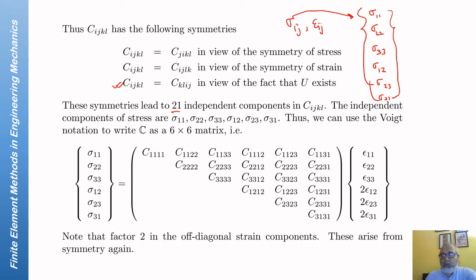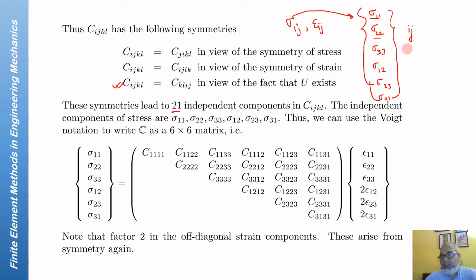Now, one way that is used in finite elements quite extensively is to convert this tensorial stress into a stress vector in what is known as the Voigt notation. So in the Voigt notation, we decide on a mapping between ij and the elements of the vector.